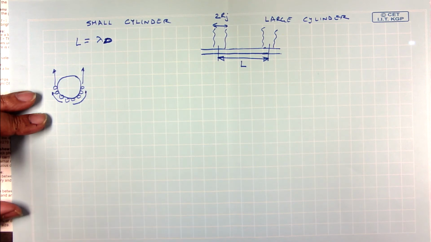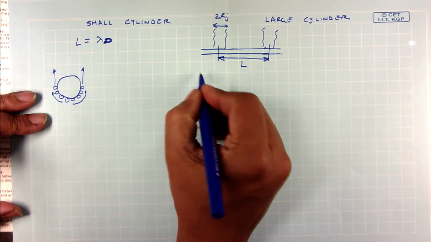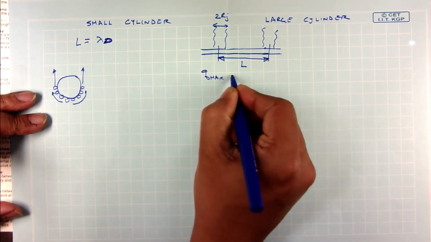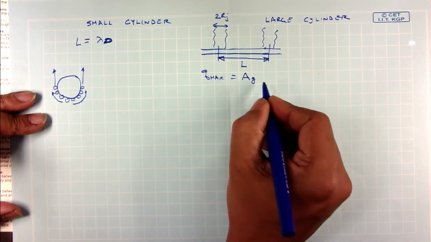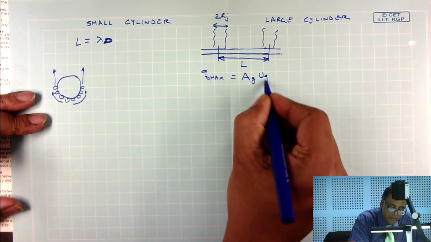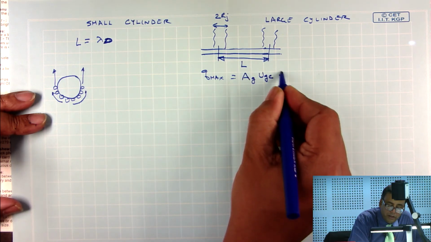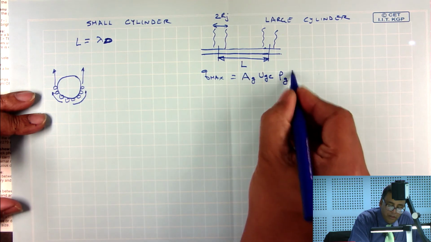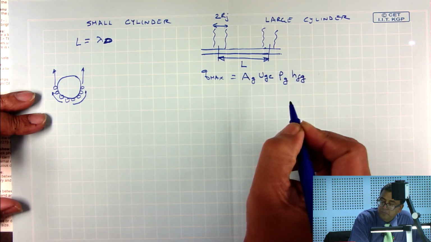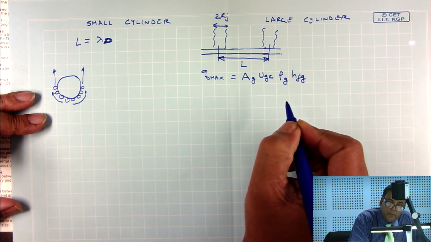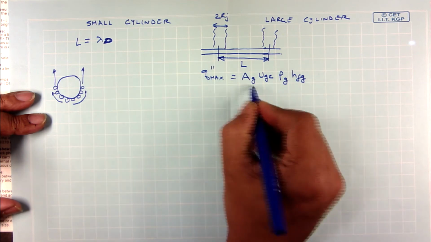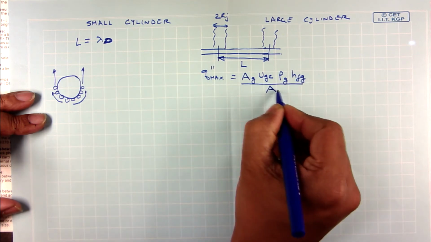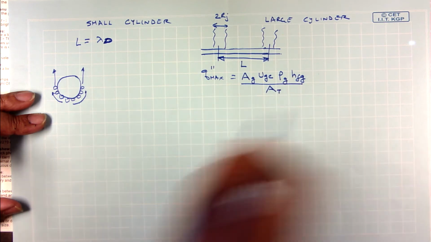Okay. And at the very heart of it, what we are solving is my Q max in this situation is whatever is the area of the jet, or area occupied by the jets, times UGC, that gives me the volume flow rate, that times rho g gives me the mass flow rate, that times HFG gives the net energy loss, and that divided by the total area of the heater should give me the Q max, right.